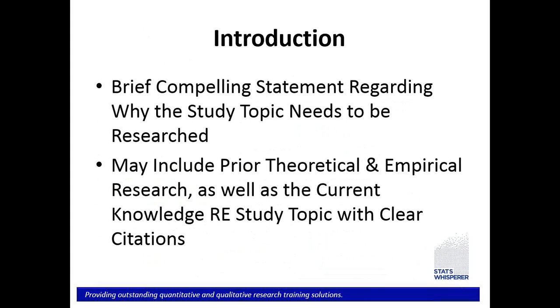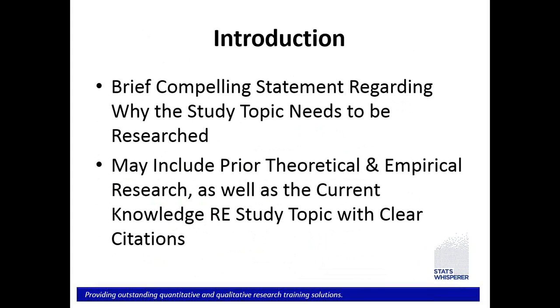Now, we're going from smaller to bigger. So the abstract is the smallest little encapsulation of the study, right? Now the introduction is probably the smallest part of the body of the paper, right? So it's just going to be a brief, compelling statement regarding why the study topic needs to be researched, right?